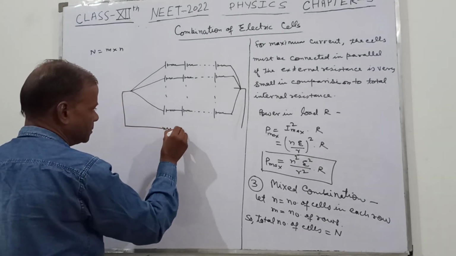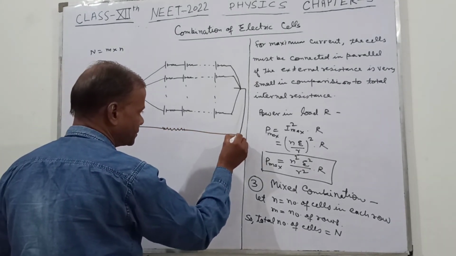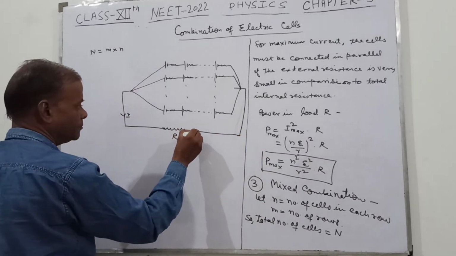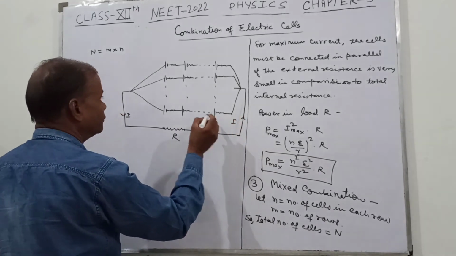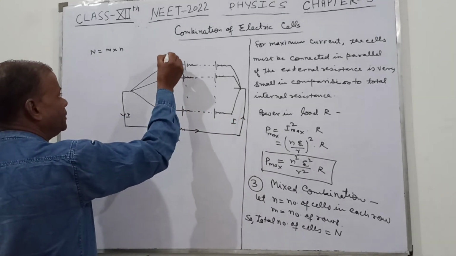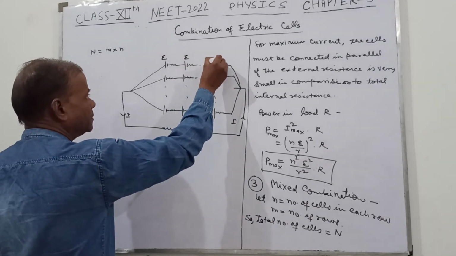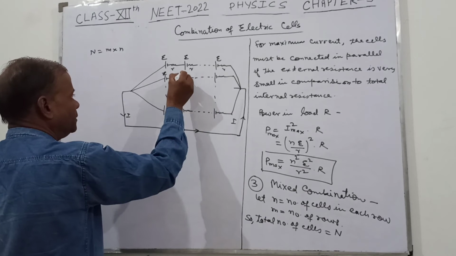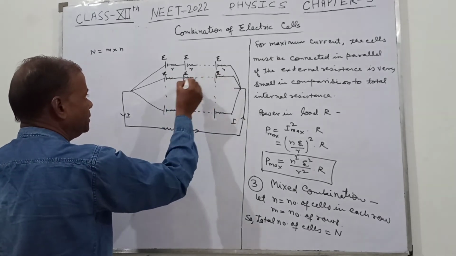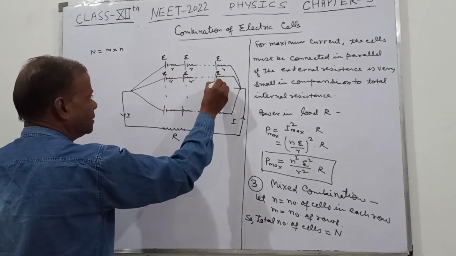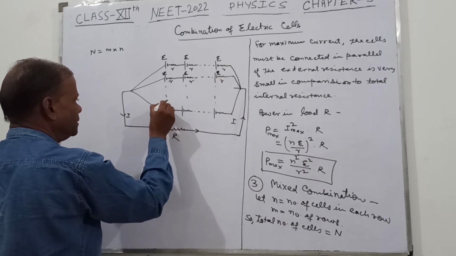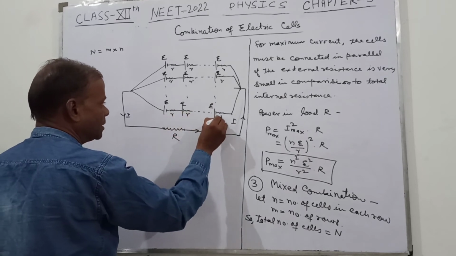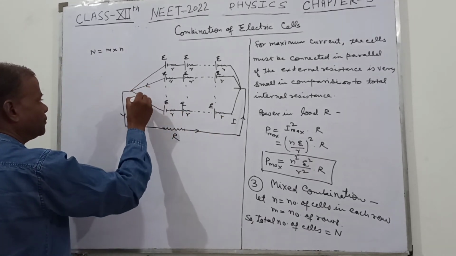This is the external resistance R. Here is the current I passing through this. Each cell has EMF E and internal resistance R. All these are providing the currents.